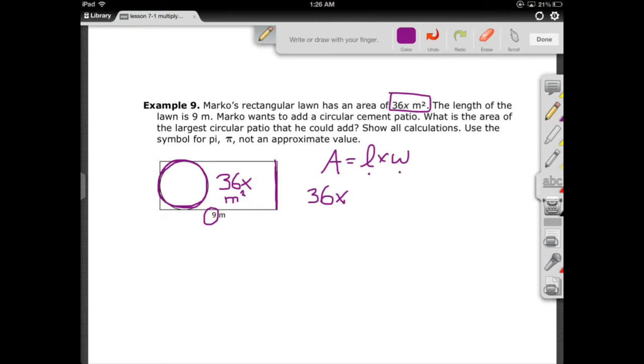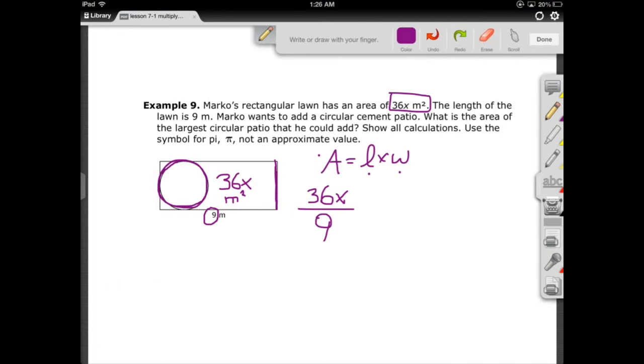This times this gives us area. So since they gave us area, we have to divide by the one factor that we know. Here's an example. If the area of something is 6, and we know that one of the sides is 3, we'd have to divide those two to know that this was 2 units.